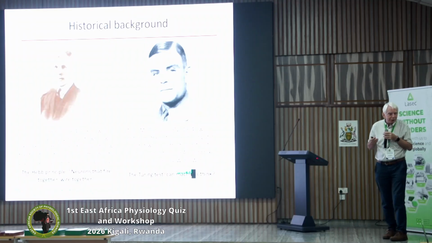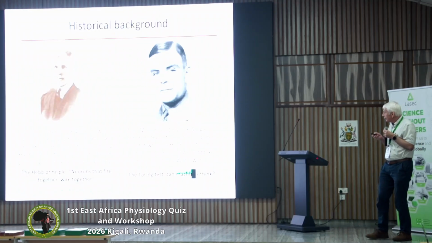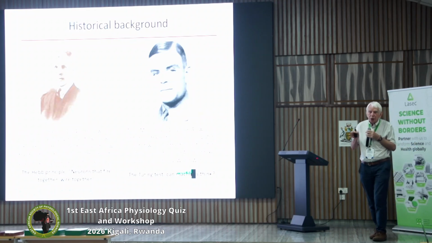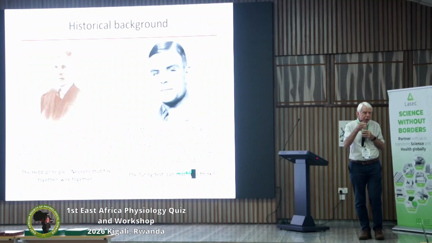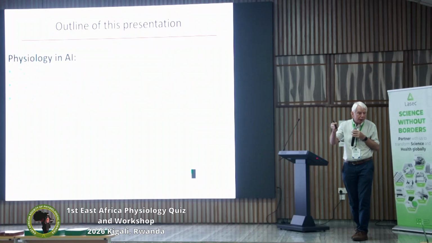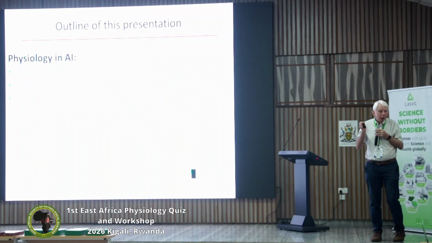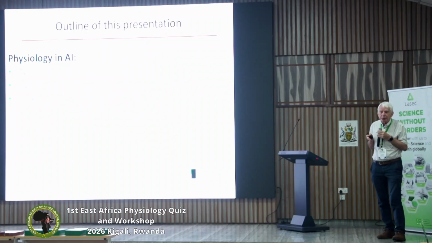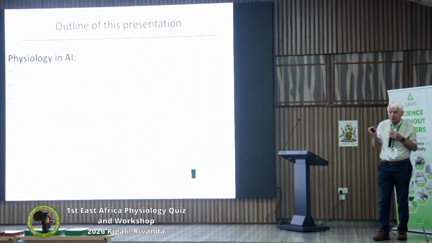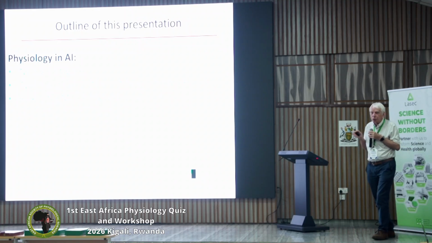The Turing test is named after him, and it's actually a test which asks, can a machine think? The idea is that you have a judge who asks questions, but he doesn't know if the question is to a computer or to a person, live. His prediction was that by 2000, the advances in AI would be so great that it would not be possible anymore to discriminate between a computer or a human.